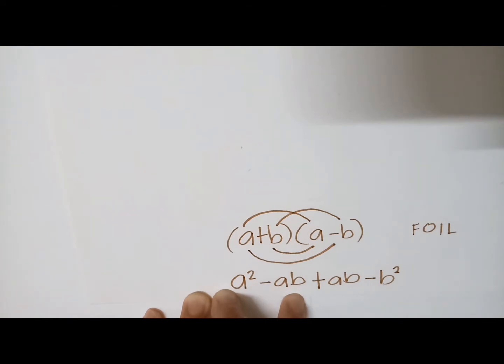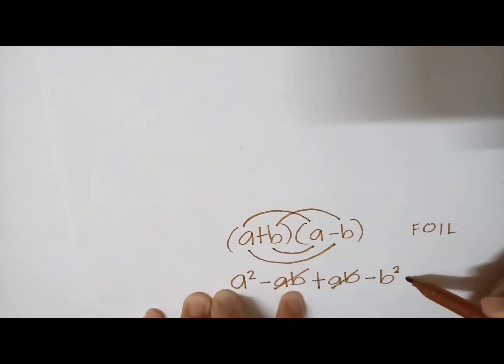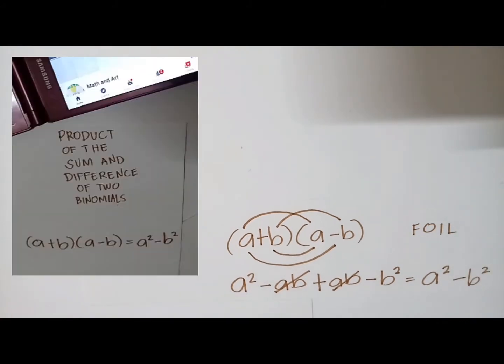Then of course we can cancel the negative ab and the positive ab, since in algebra, if you have the same term but different signs, you can cancel them out. So we have a squared minus b squared. We have the same answer as the given formula.